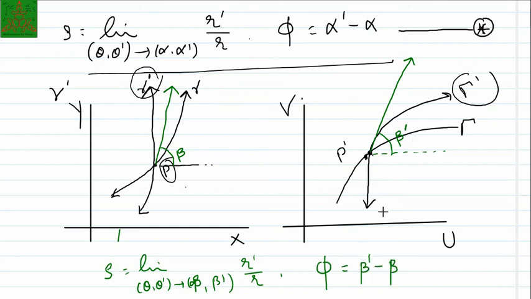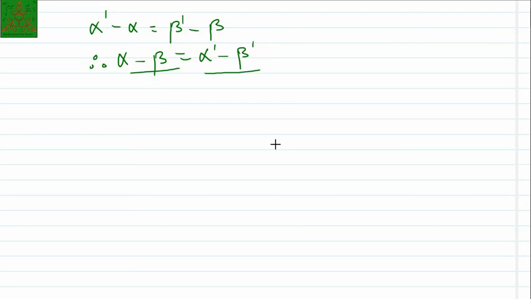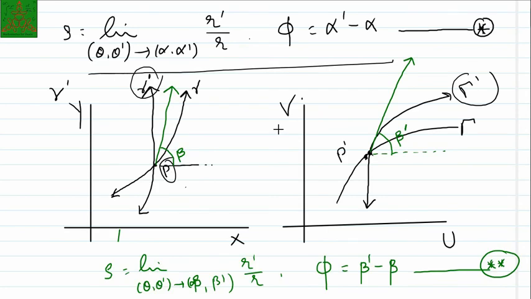If I call this the double star, since the angle of rotation between these two curves will be the same, we can write that alpha dash minus alpha equals beta dash minus beta. So hence, let us see in the figure. This is your beta, and let us try to draw what is the alpha in the angle of tangent.